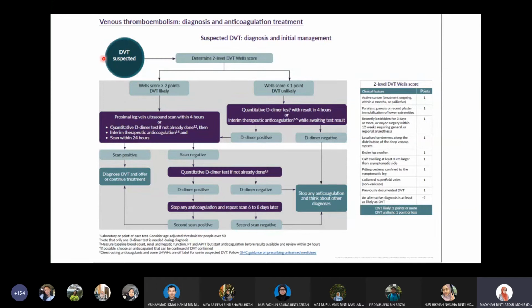How do you suspect? The patient presents with signs and symptoms of DVT, or they come with the complication of pulmonary embolism. For the diagnosis, they will use the D-dimer test to exclude, because if the D-dimer is negative, you can exclude DVT, and they also use imaging.